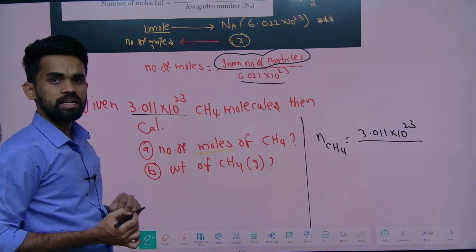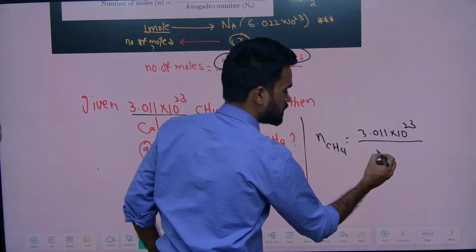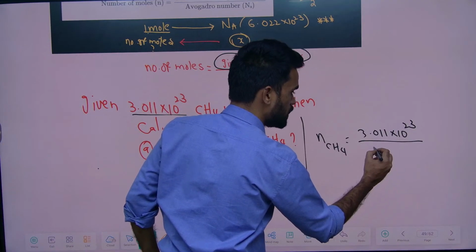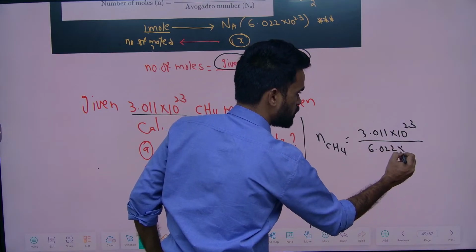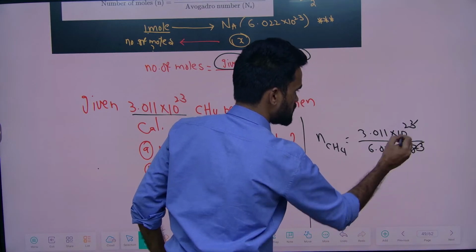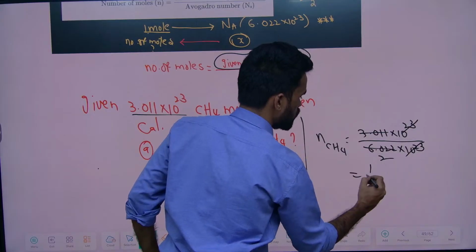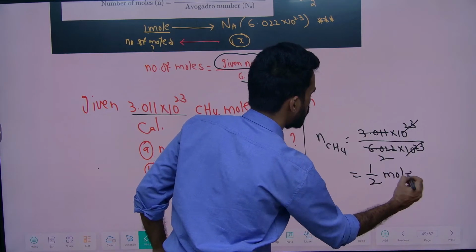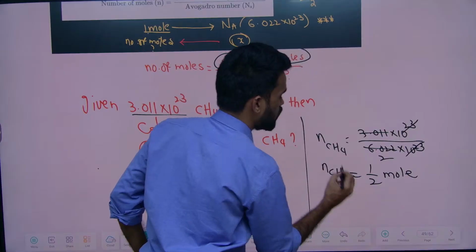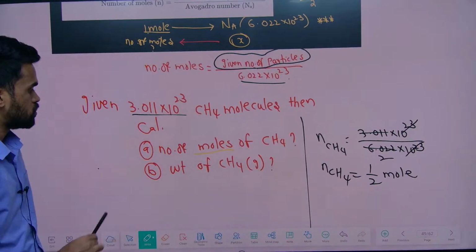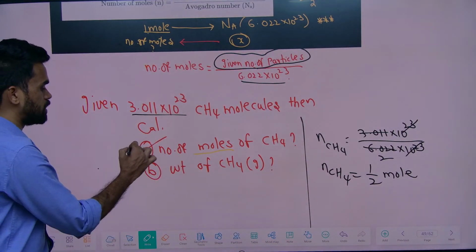Now they are asking the number of moles, so divide this with Avogadro number, 6.022 into 10 power 23. These numbers are almost 2 times, so 1 by 2 mole. So half mole of methane we got. First question is done: number of moles of methane is half mole.